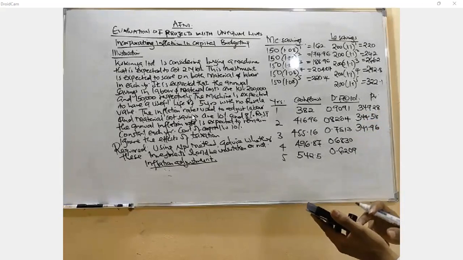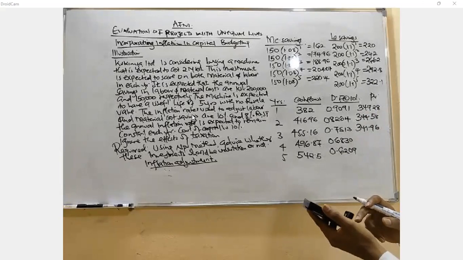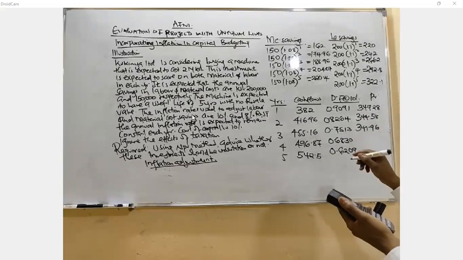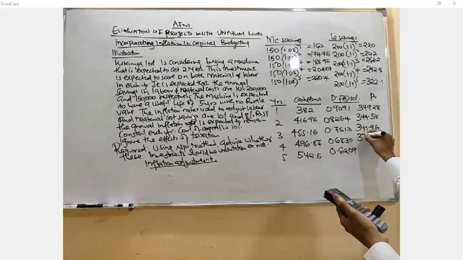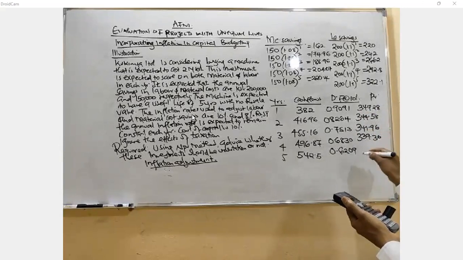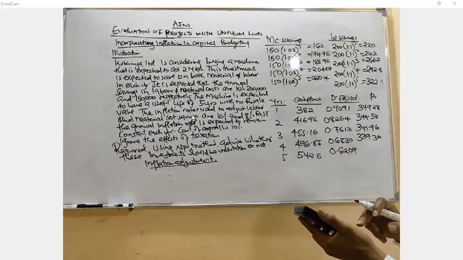The other one will be 496.87, we multiply by 0.6830, getting 339.36. Someone give me the summation, please.